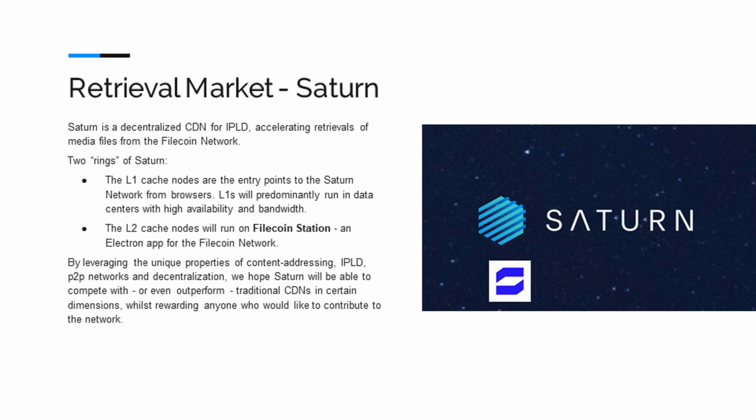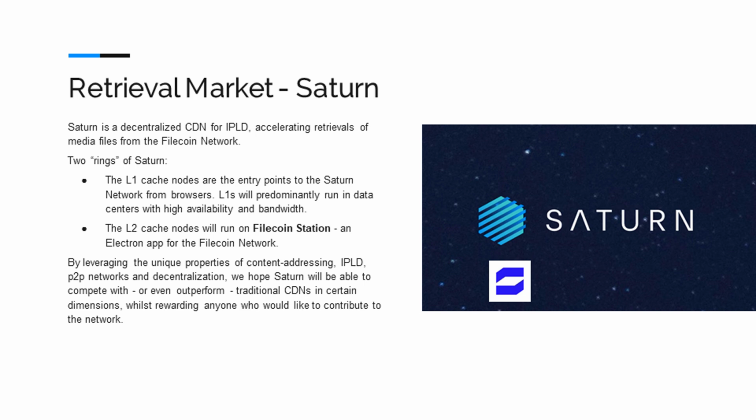The Layer 2 cache nodes will run on Filecoin Station, an election app for the Filecoin network. Station operators can download the Station app and run it on their desktops. Just like any other desktop app, they can then set up a Filecoin wallet in the app and start earning Filecoin for providing lightning-fast media retrievals to the Saturn network.